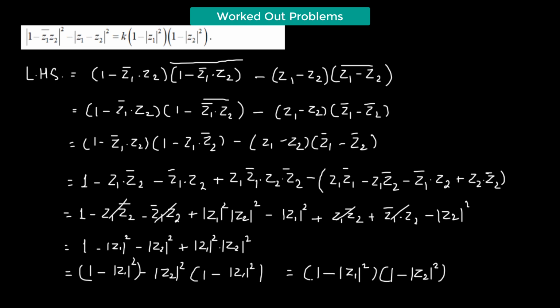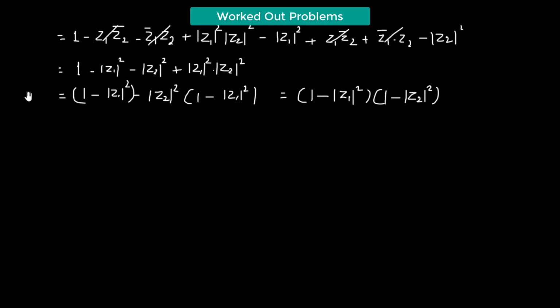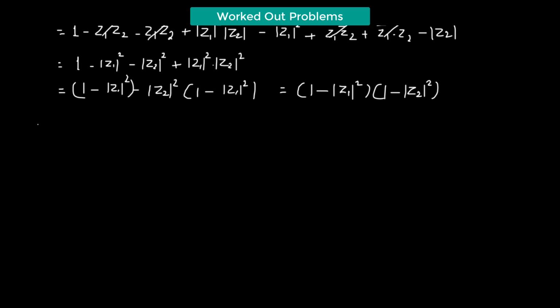Now this value is equal to K times, so let's rewrite it. On the right hand side we have k times 1 minus the absolute value of z1 squared multiplied by 1 minus the absolute value of z2 squared.